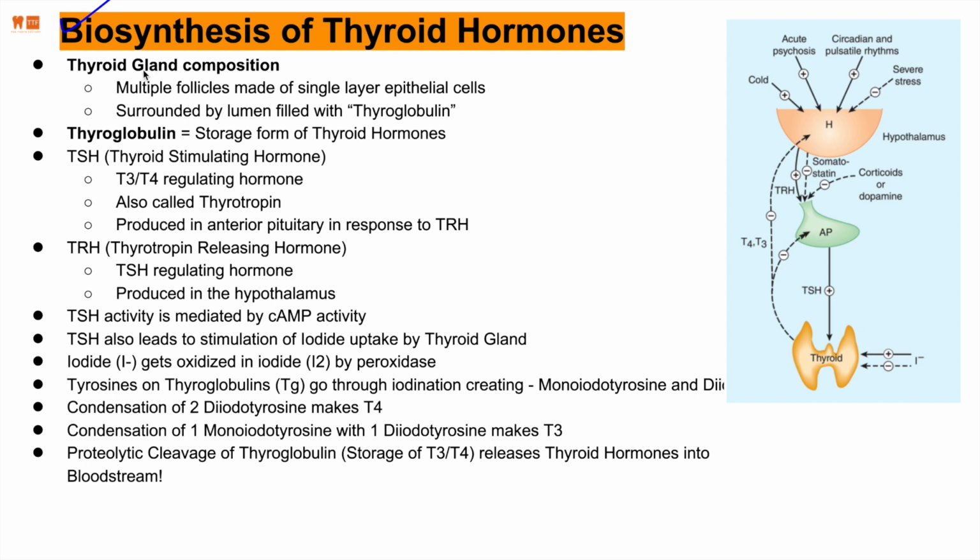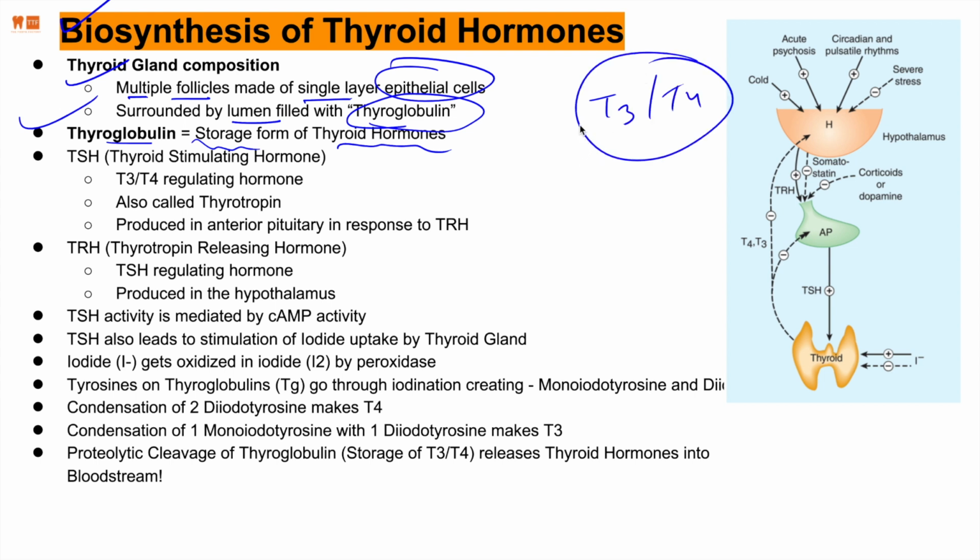Thyroid gland is composed of multiple follicles made up of single layer epithelial cells, perfect, surrounded by a lumen filled with what is known as thyroglobulin. What is thyroglobulin? Thyroglobulin is a storage form of thyroid hormone. So if T3, T4 are produced, they are stored inside thyroglobulin, inside the lumen.